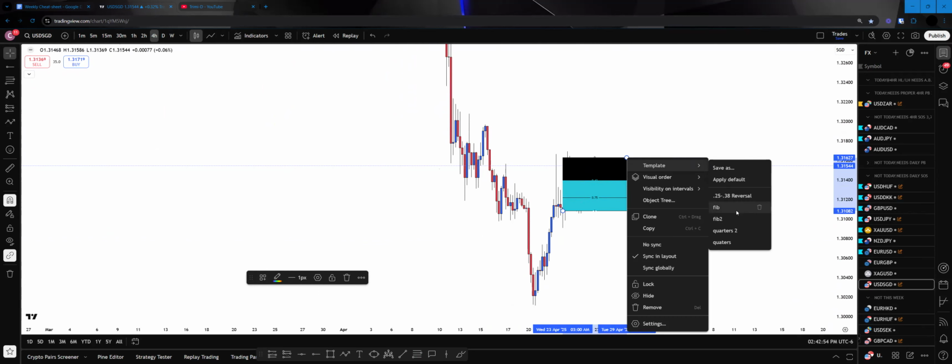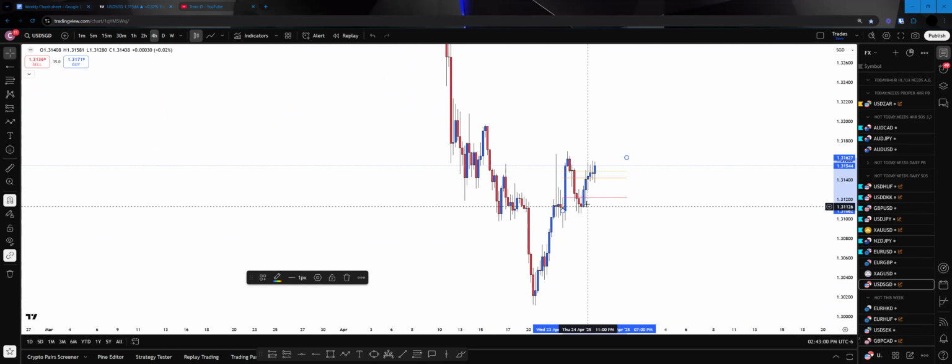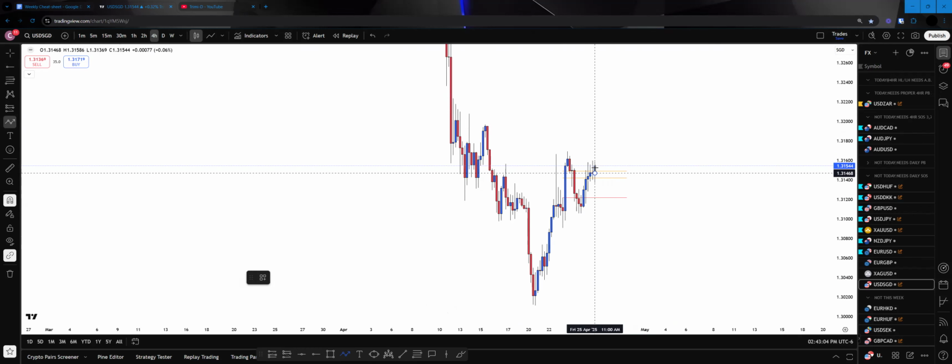Basically already reacted off of here and then here, so we can't take an entry. What we're looking for is for it to break out, pull back, and then go.